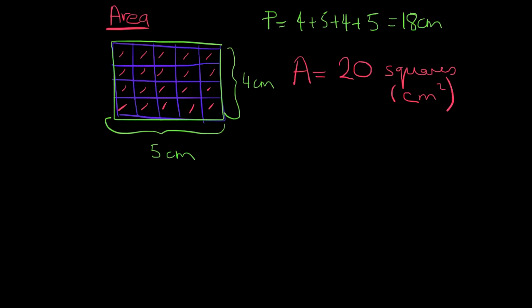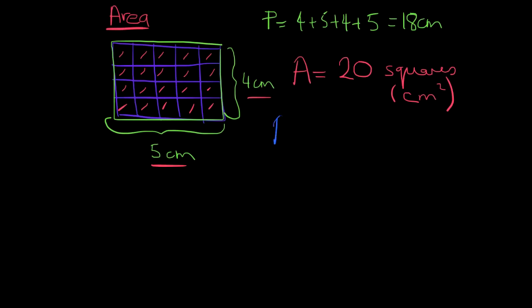So if we were to look at the values that I've given each one of my side lengths for this rectangle, we can come up with a formula that would allow us to work out the area of any rectangle without actually having to divide them up into these shapes.